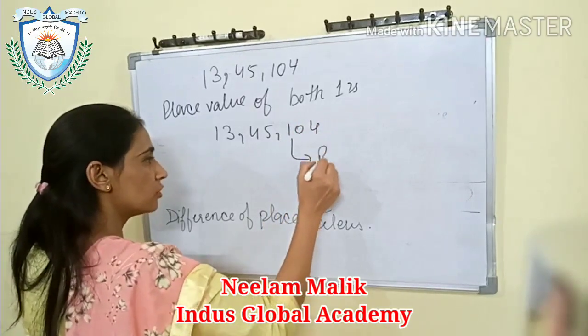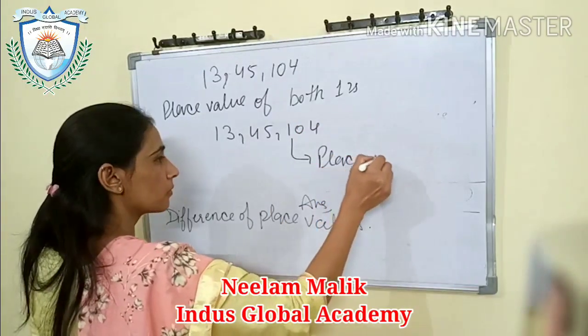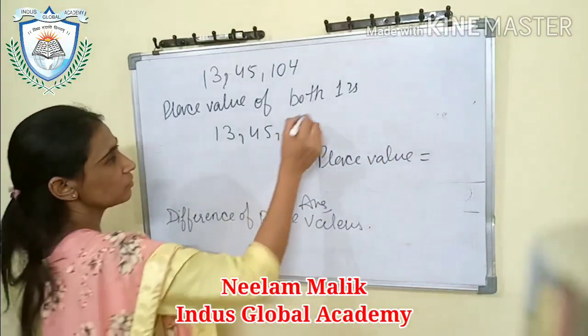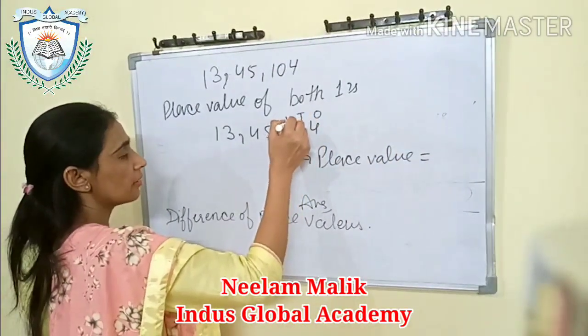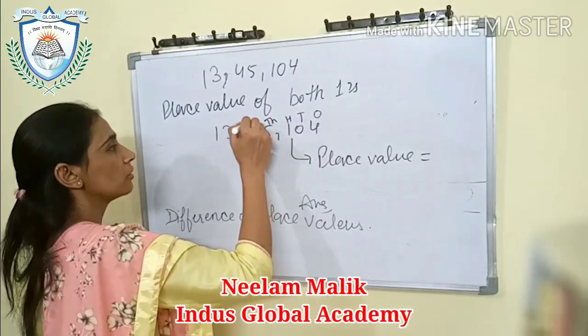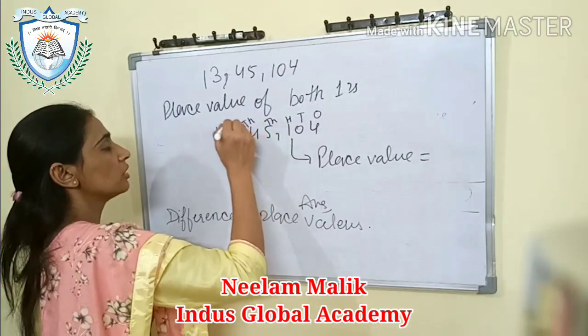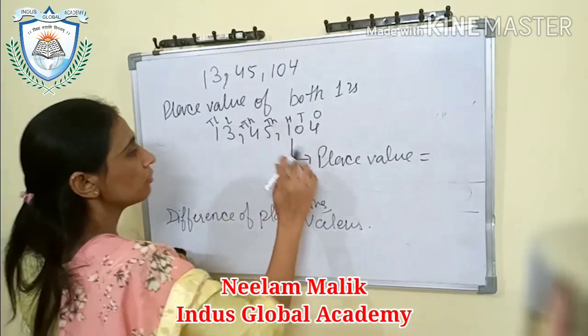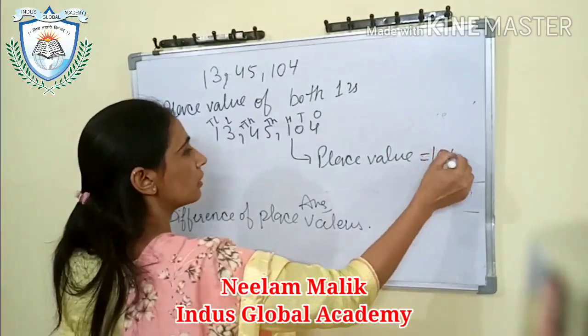So place value is equal to... What is the place? You will write ones, tens, 100, 1000, 10,000, lakh, 10 lakh. So what is the place of 1? 100. So just write 100.